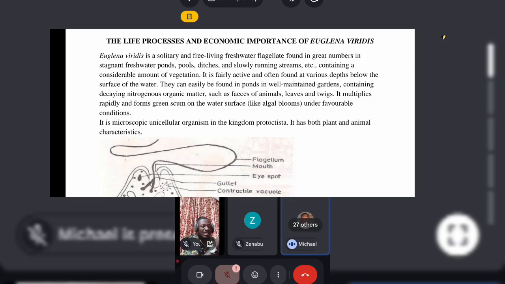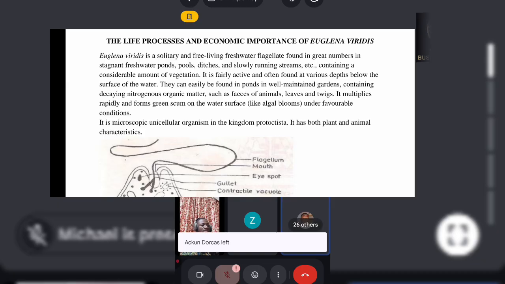You can see like some greenish powder poured on the water surface of a damp water body, and you might think it's Spirogyra, but you go there and see that it is not stretchy, like the mucilage of Spirogyra. So the Euglena has such a structure that I've given to you.